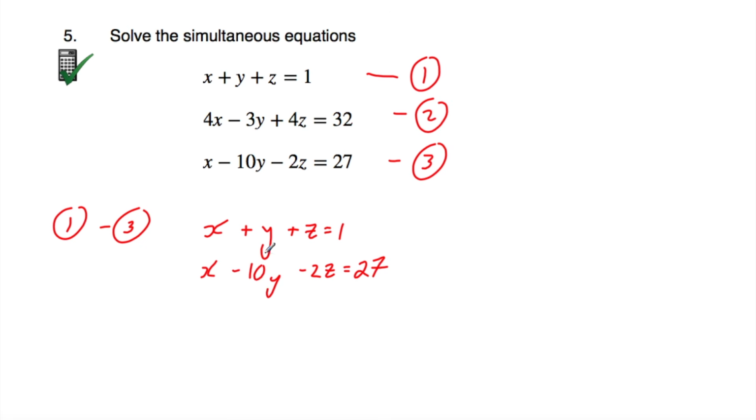Whereas if we did equation 3 subtract equation 1, we would have minus 10y's take away y, which would be minus 11y's. So I'm going to do it this way. It doesn't actually matter which way around you do it.